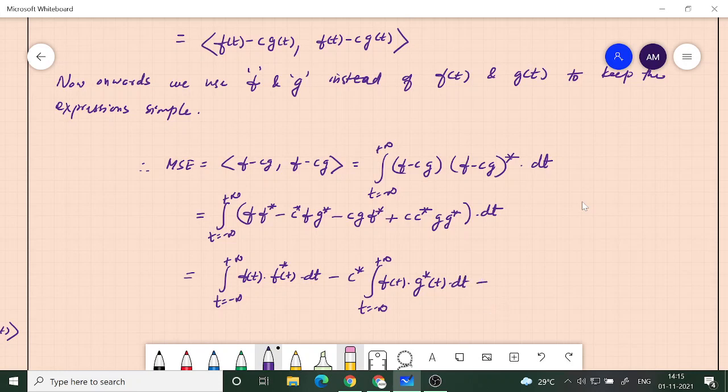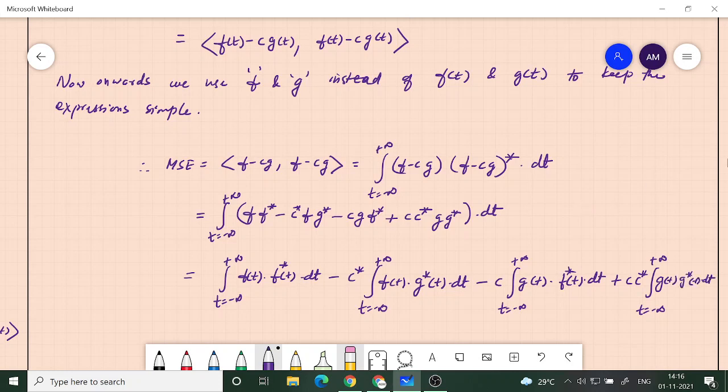Then minus c integral of g of t f of t star dt, going from minus infinity to plus infinity, and finally plus c star integral going from minus infinity to plus infinity of g of t g of t star dt.